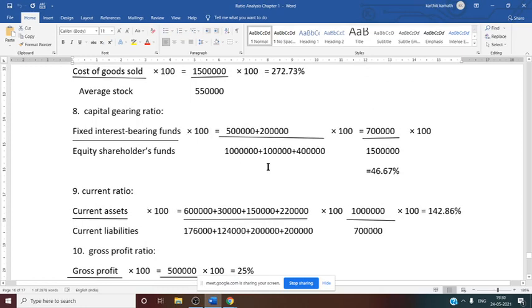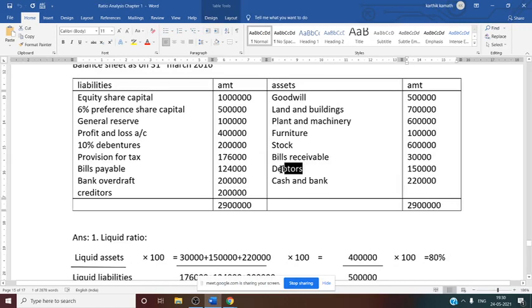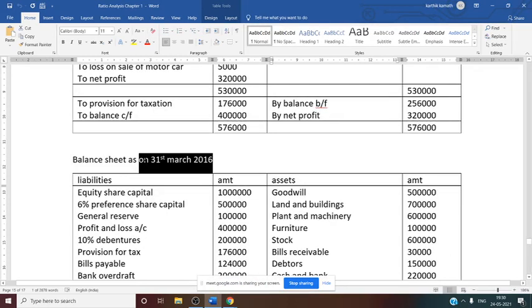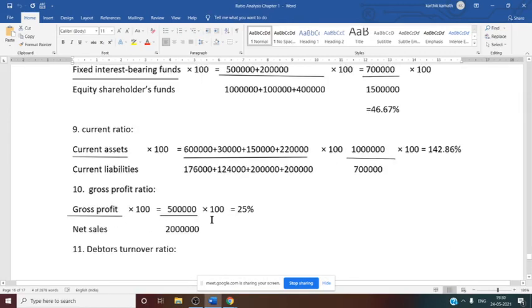Balance sheet, asset side information, there is a debtor information they have given you. See this itself is the closing debtor. Why? Because this balance sheet is made at the closing date, that is 31st March 2016, at the end of the financial year. That is why here closing debtor we can get from balance sheet, that is given here.